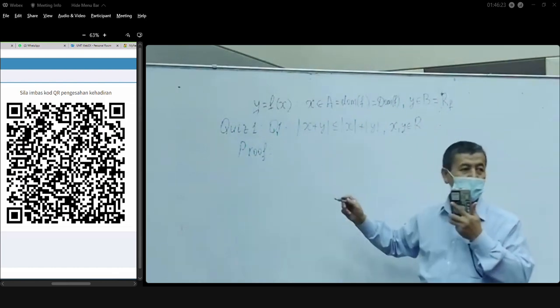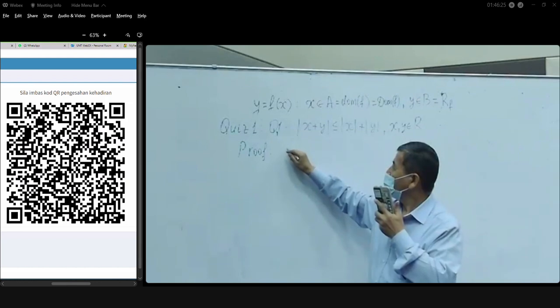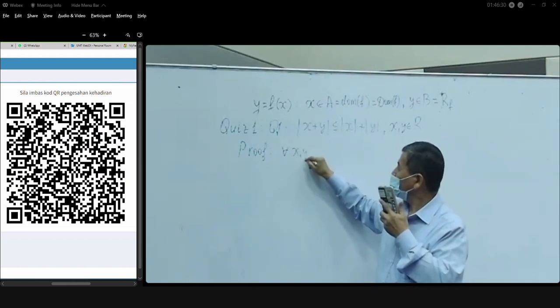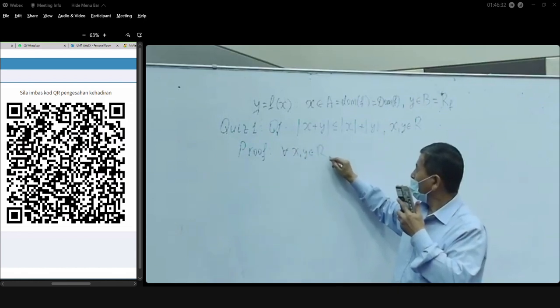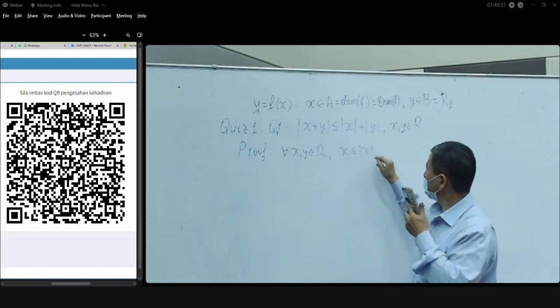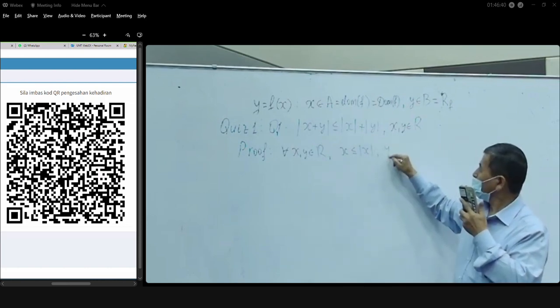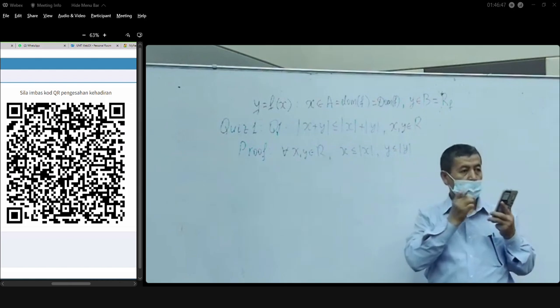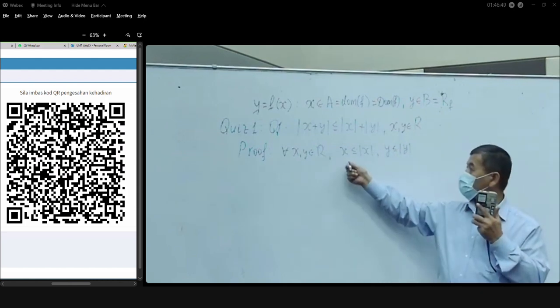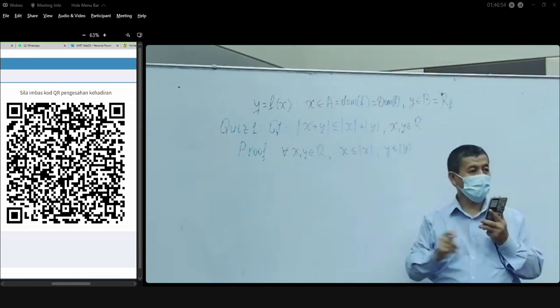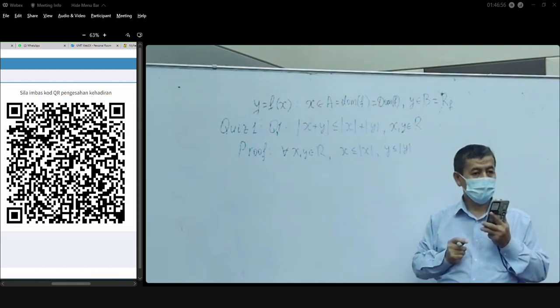First, for any x, y from R, the x is not greater than its absolute value, and y is not greater than its absolute value.